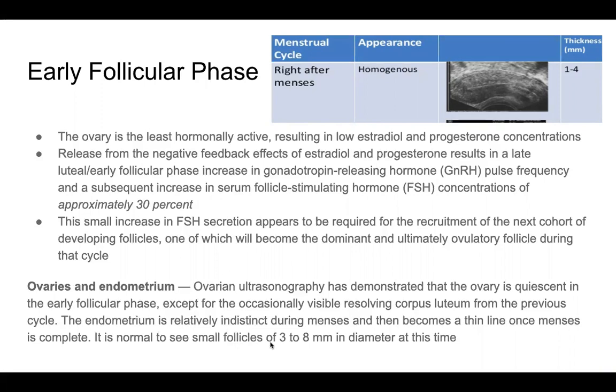Endometrium is relatively indistinct during menses and then becomes a thin line once your endometrial lining shedding is complete. And so you can see up here, you have your uterus right here, your very thin endometrial lining right here. And so I just wanted to go over that briefly.